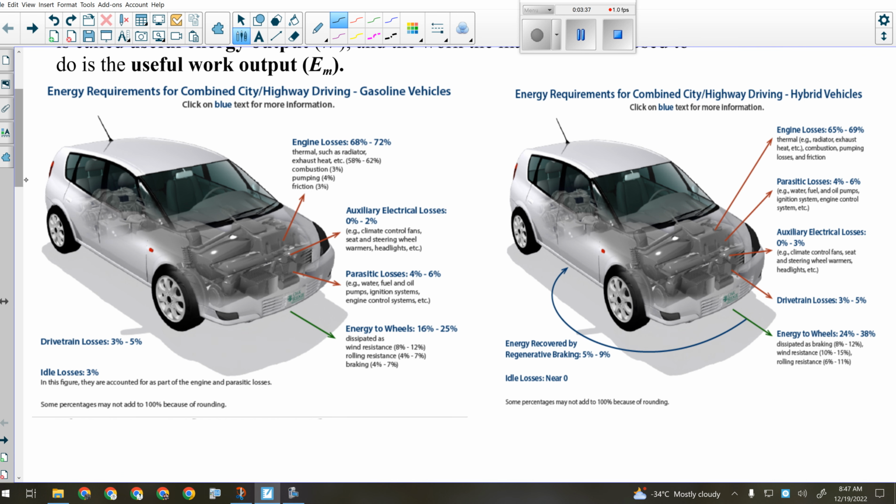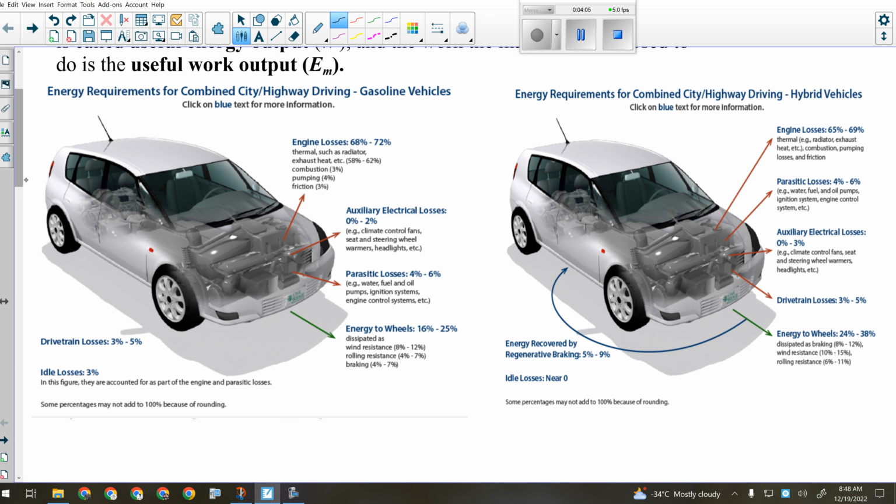For a pure gasoline vehicle, which is probably what most of us drive, your engine losses, if we're talking 100% of the energy that's in the gasoline you put in the car, 68 to 72% of it, that's more than two-thirds, is lost and doesn't do any useful work, most of it as heat.